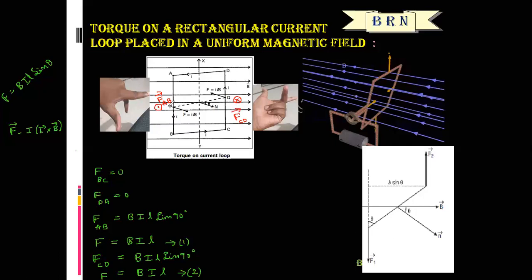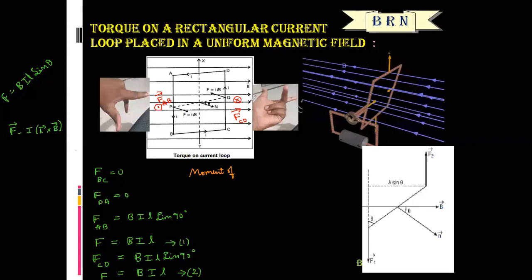So here force acting on AB is normally outwards. So here force acting on CD is normally inwards. Two equal and opposite forces acting on a current carrying rectangular loop. Okay, so what is the meaning of torque or the moment of couple?